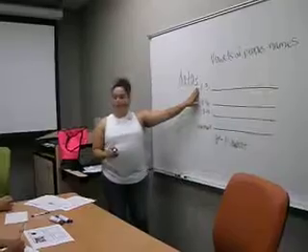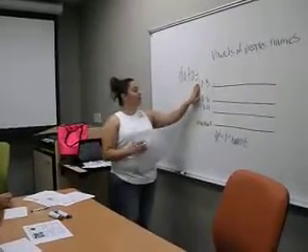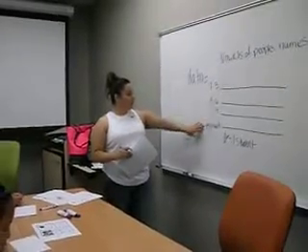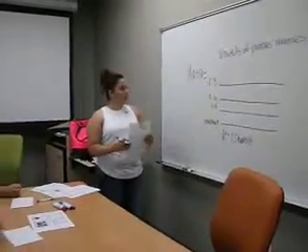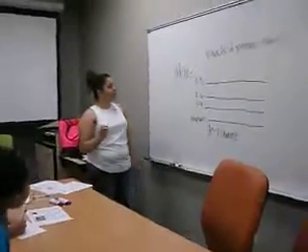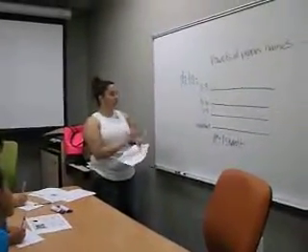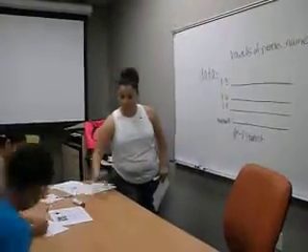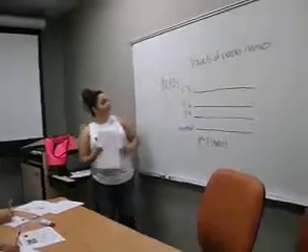So if you have 1 to 3 vowels, your star would go here, 4 to 6 here, 7 to 9 here, and more than 9 here. Okay? So let's start with Natalia. Where would you place your star on the class pictograph? You can come up. Place your star wherever it corresponds to.